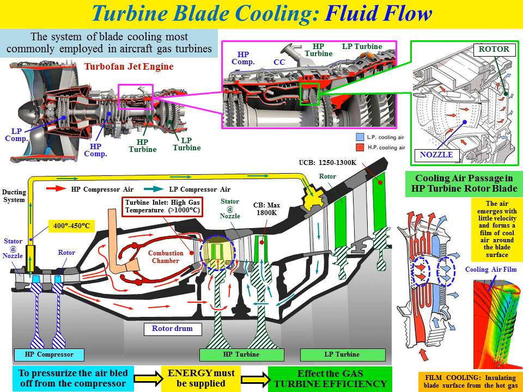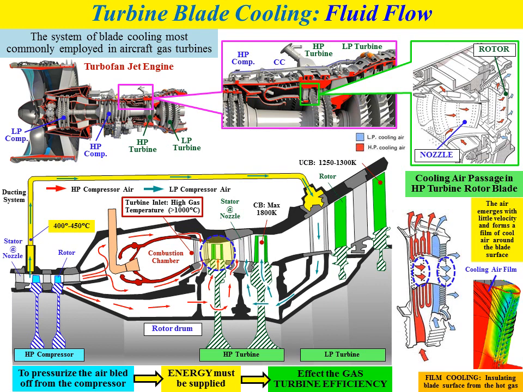The figure shows the simulation result where the red area represents the hot region, and the green and blue regions represent the low temperature surface after the cooling process due to the formation of the cooling film.